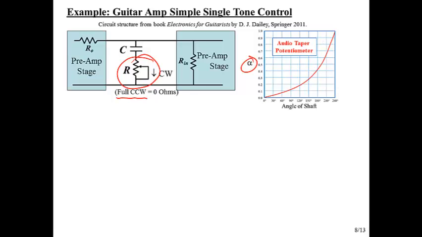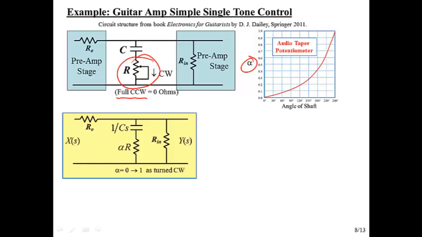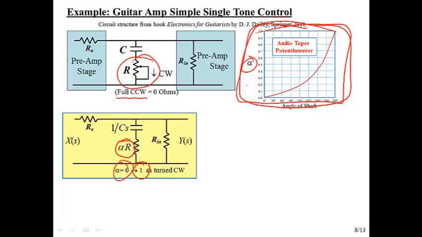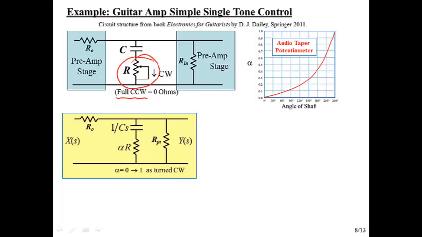In fact, it's a logarithmic relationship. So assuming that we have an audio taper pot like that, we'll replace this resistance by alpha times R, recognizing that as we turn this thing clockwise, alpha goes from 0 to 1. And we're just going to ignore for the most part the fact that it's an audio taper pot, although we do keep track of that in some of the analysis here.